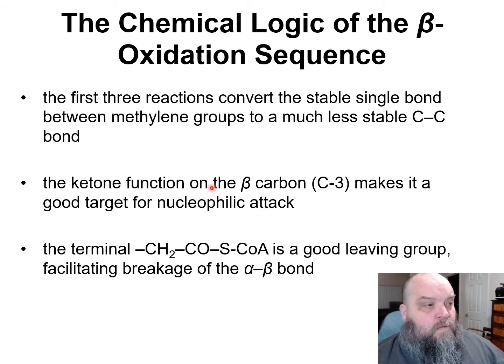It allows for the incoming CoA to have something to bind to. So when you have the terminal coenzyme A, sulfur, this is that carbonyl, here's a CH2, and this is where the cut is going to be, so this is going to become CH3.